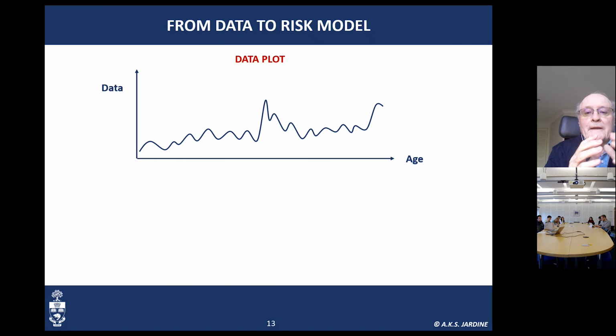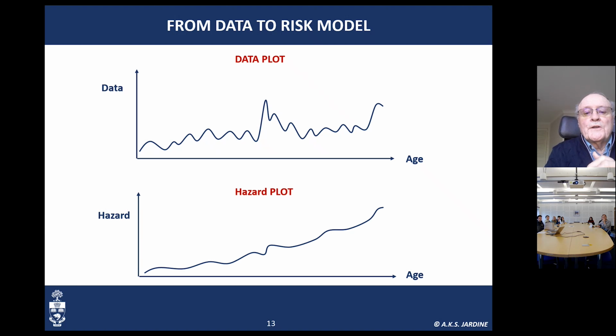So how do you go from collecting data to building that risk model, a hazard model? Well, you're collecting lots of data. For oil sampling, you've got lots and lots of measurements over time. And from these measurements, you want to calculate the hazard, the risk of the item failing at that moment in time.